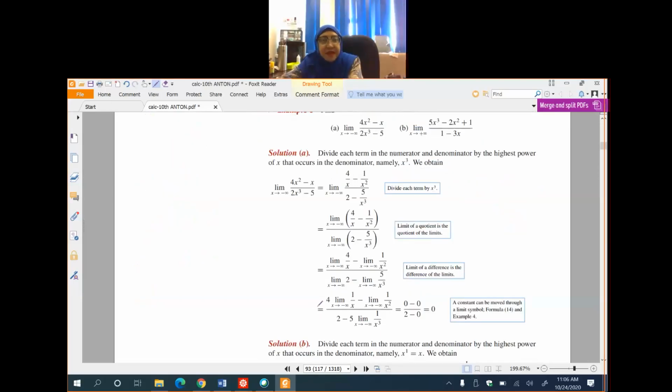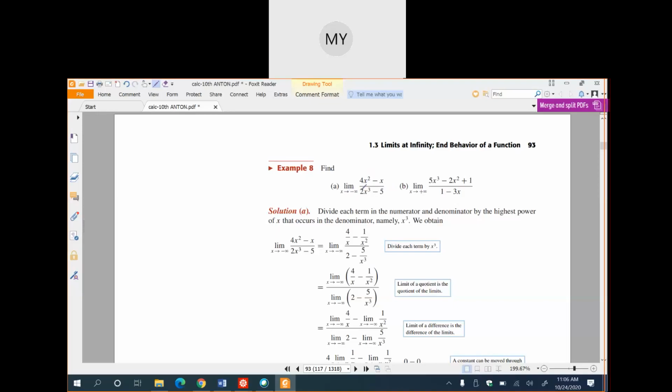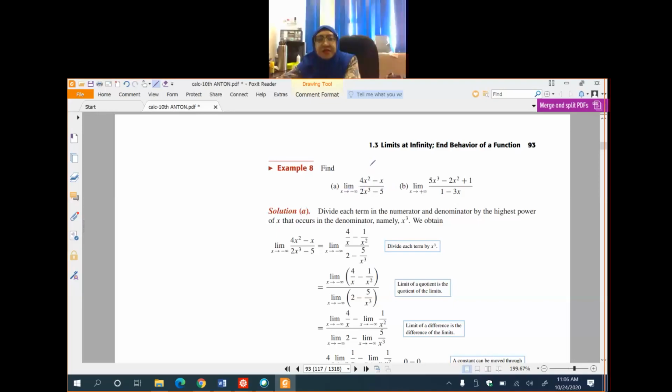Okay, and then let's look at the next example here. 4x squared minus x divided by 2x cubed minus 5. So this one, if you substitute x tends to negative infinity, then what will you have?